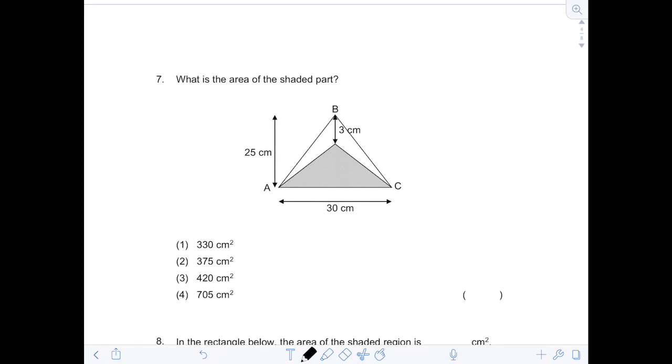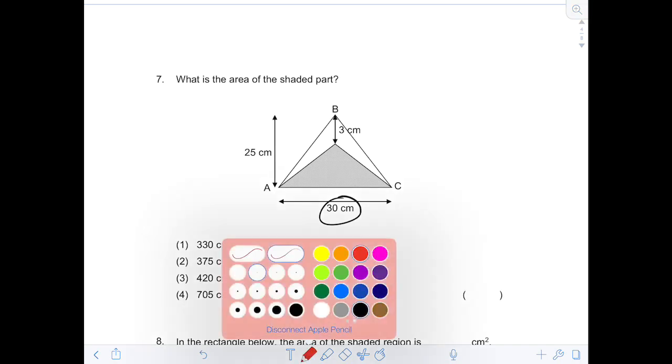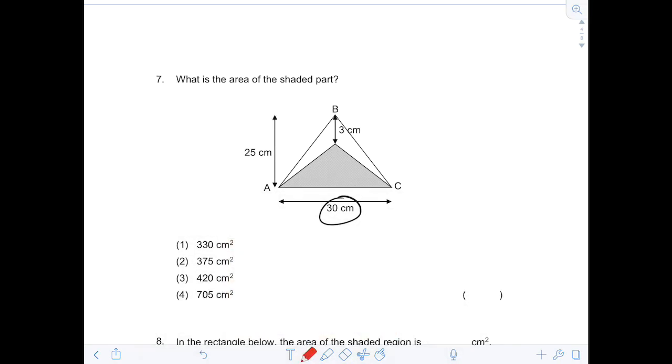What's the area of the shaded part? Now, when you're doing area of triangles, instead of finding all the unshaded parts or all the weird ways, always look to see whether you can solve it in the simplest way, which is just to find the base and the height of it. In this case, you know that the base is most probably 30 cm over here. As for height, you know that this whole thing is 25 cm, and this short piece here is 3 cm, which means here to here has to be 25 minus 3, which is 22 cm.